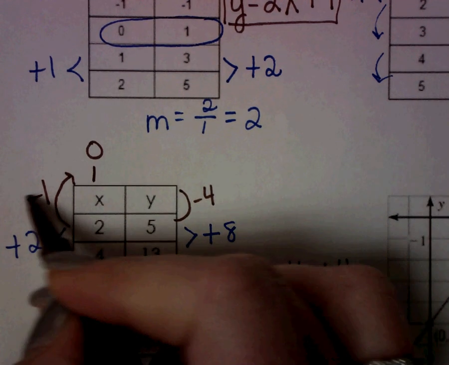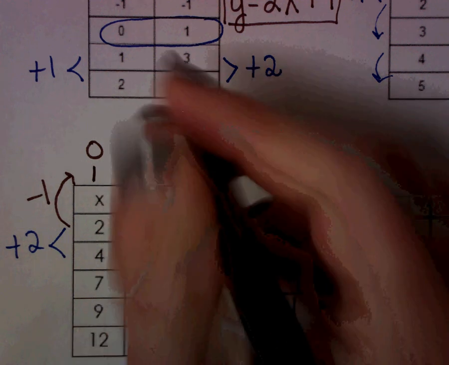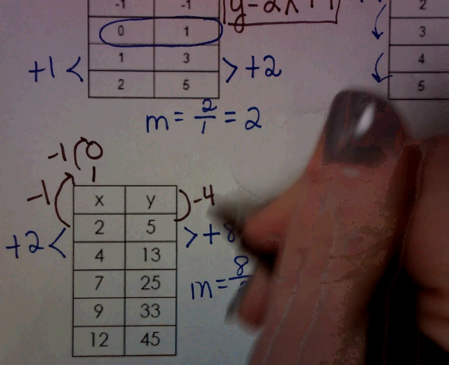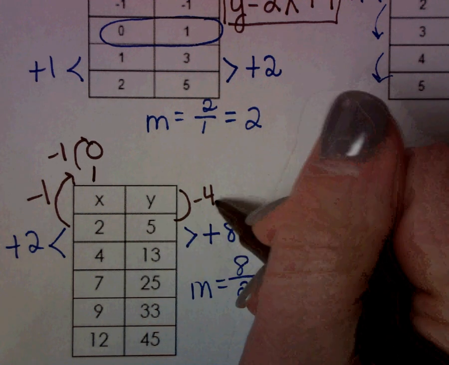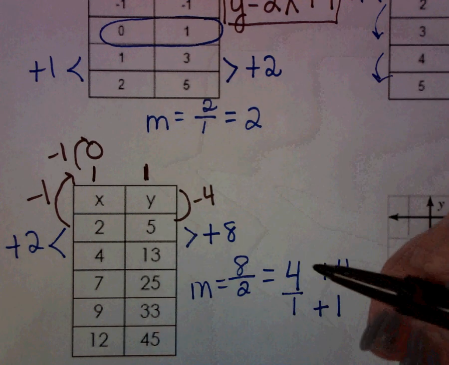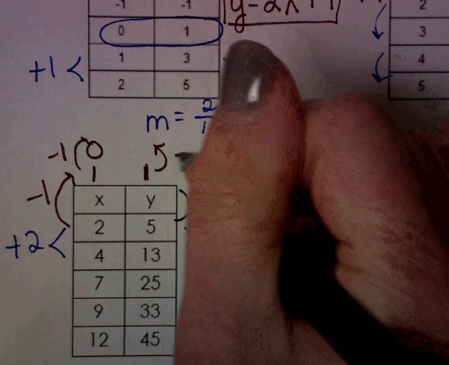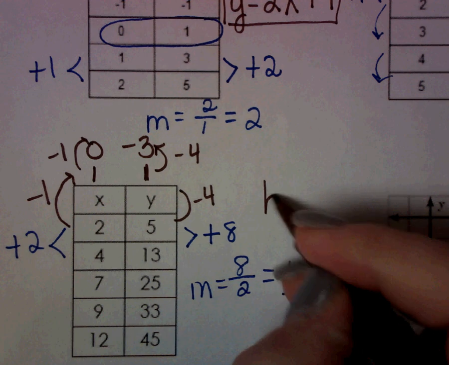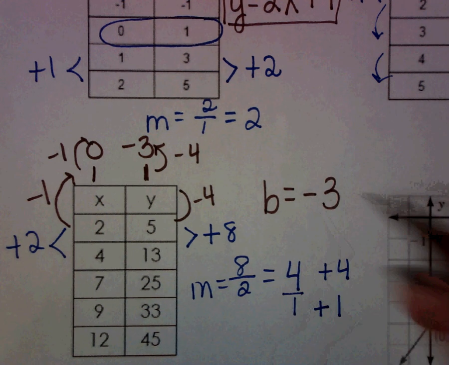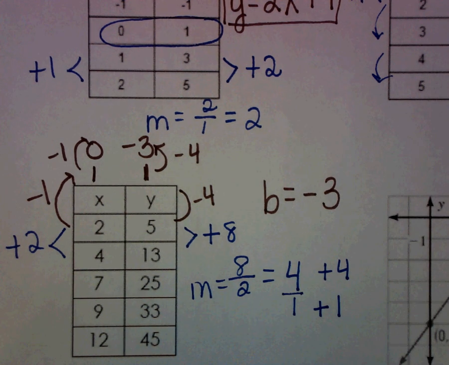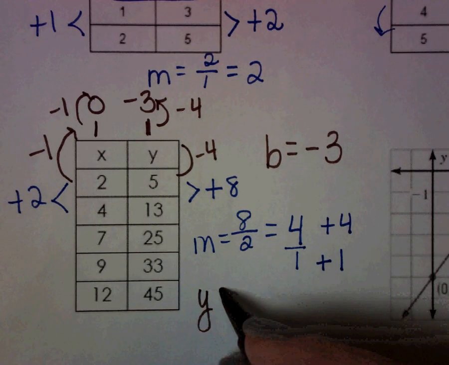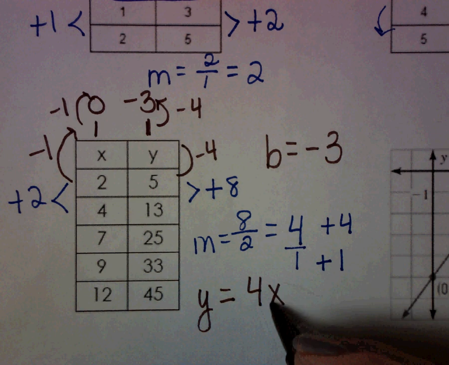So 2 minus 1 gives me 1. 1 minus 1 gives me 0. 5 minus 4 gives me 1. One more time, 1 minus 4 gives me negative 3. So my y-intercept is negative 3. Okay, so our equation now would be y equals 4x minus 3.